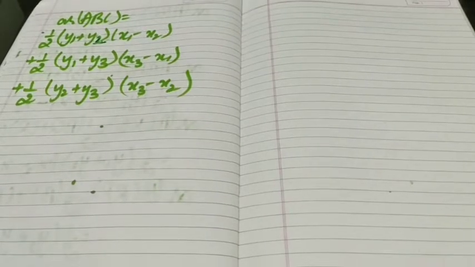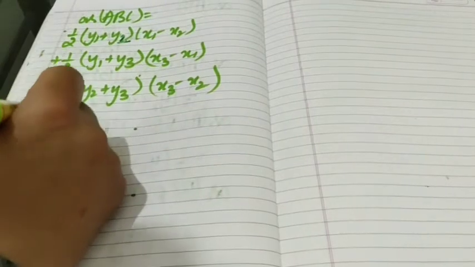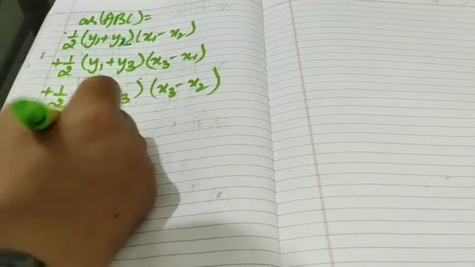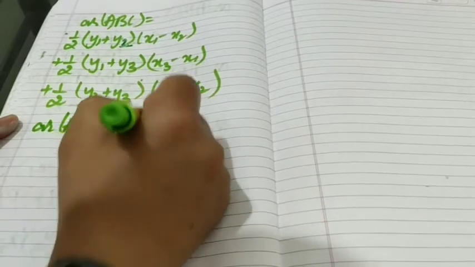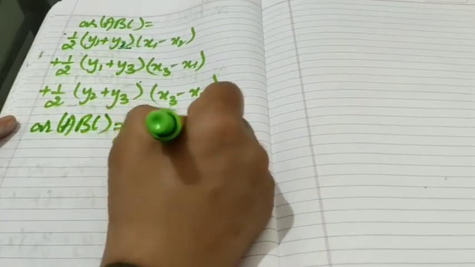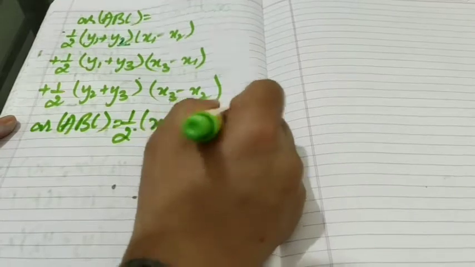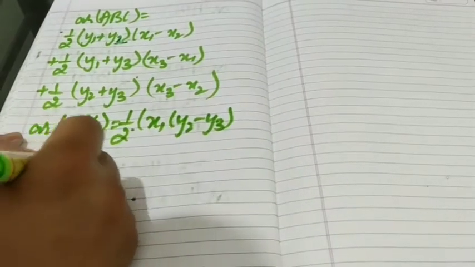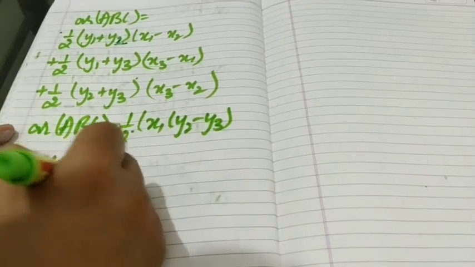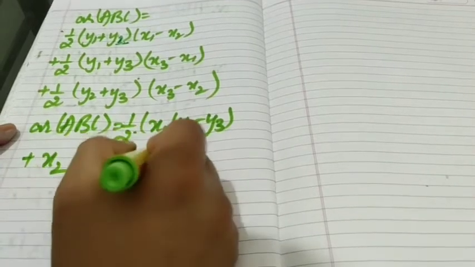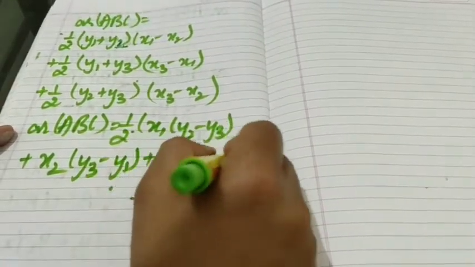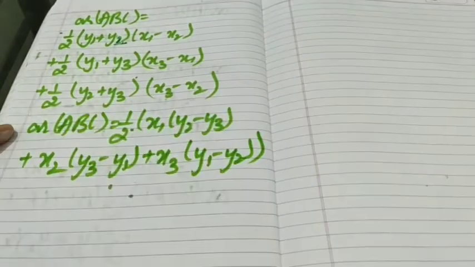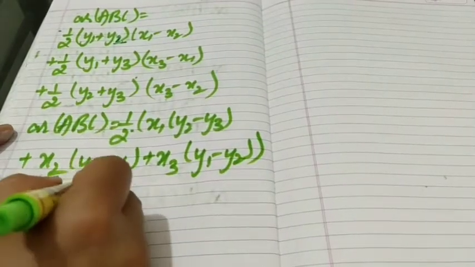After substituting all the values and simplifying, we get the area of triangle ABC equals half into x1 (y2 minus y3) plus x2 (y3 minus y1) plus x3 (y1 minus y2) square units.